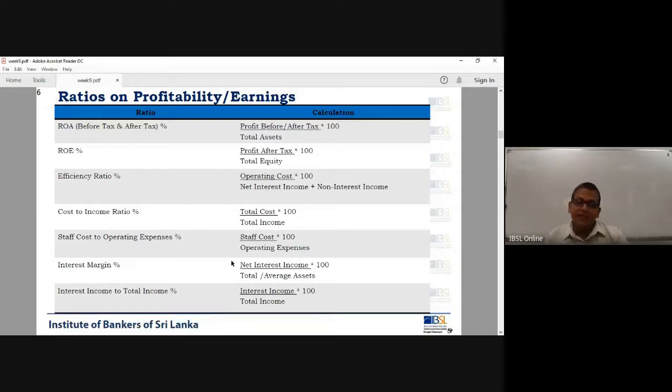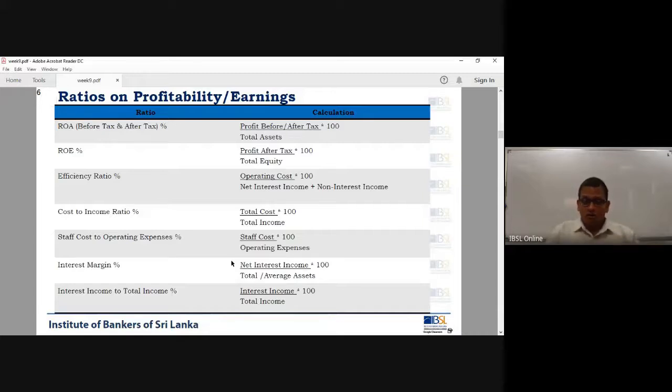Then the efficiency ratios. The efficiency ratio, cost to income ratio and staff cost to operating expenses ratio show the ability or efficiency of the management. For the efficiency ratio, we calculate the operating cost divided by the net interest income plus non-interest income, that is the total income, multiplied by the 100.